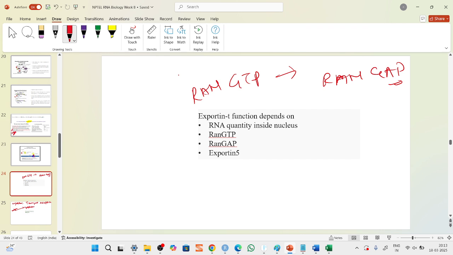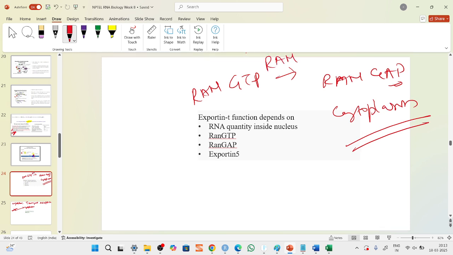This hydrolysis which happens in the cytoplasm is supported with the help of RAN GAP. So RAN GAP doesn't help exportin function. It helps in the hydrolysis of GTP into GDP.